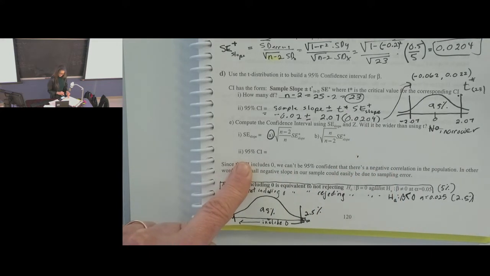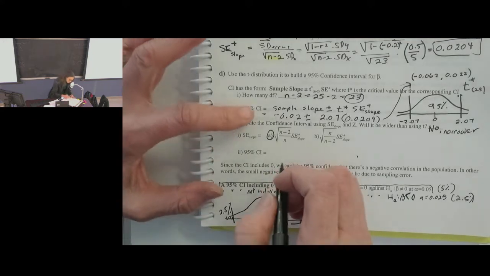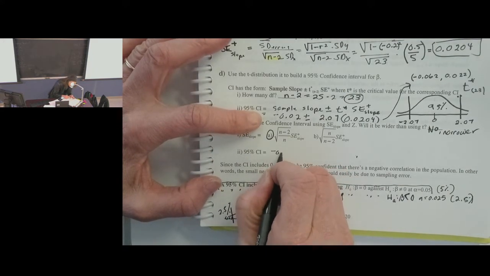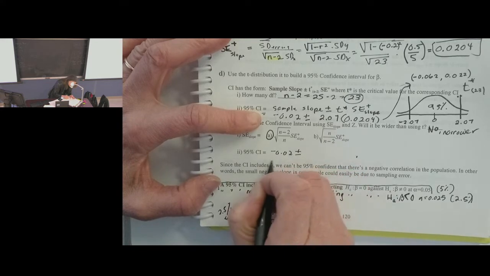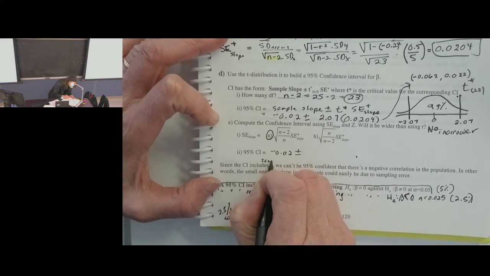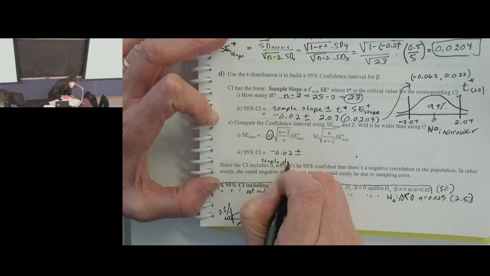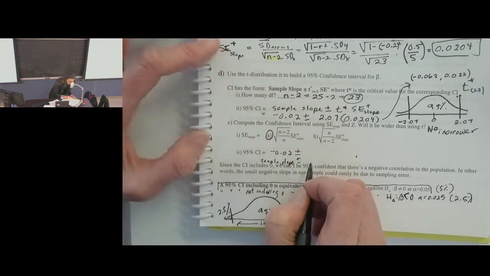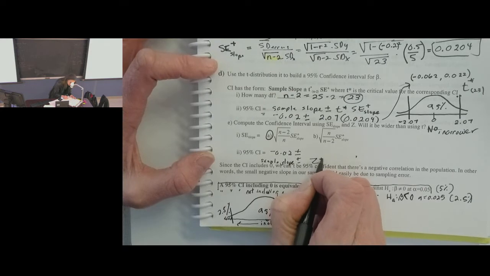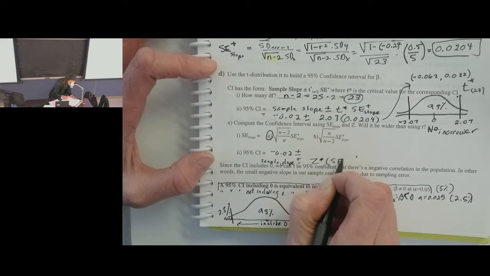And then the 95% confidence interval using z. We're going to do the same thing. We start with our sample slope, plus or minus, but instead of the t star, we're going to use the z star, and then we'll just use the regular standard error.